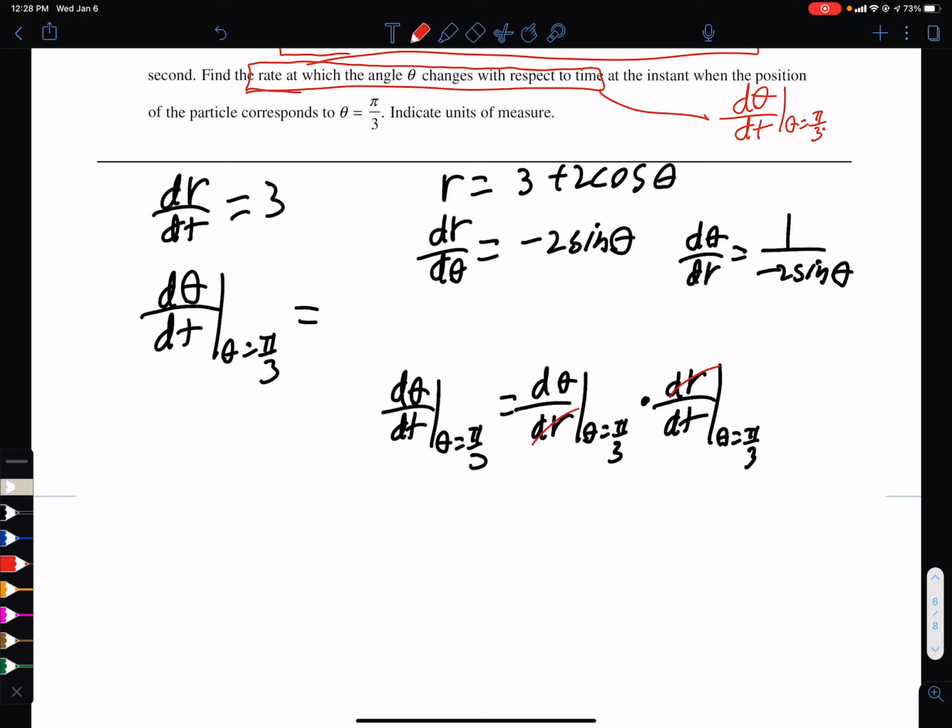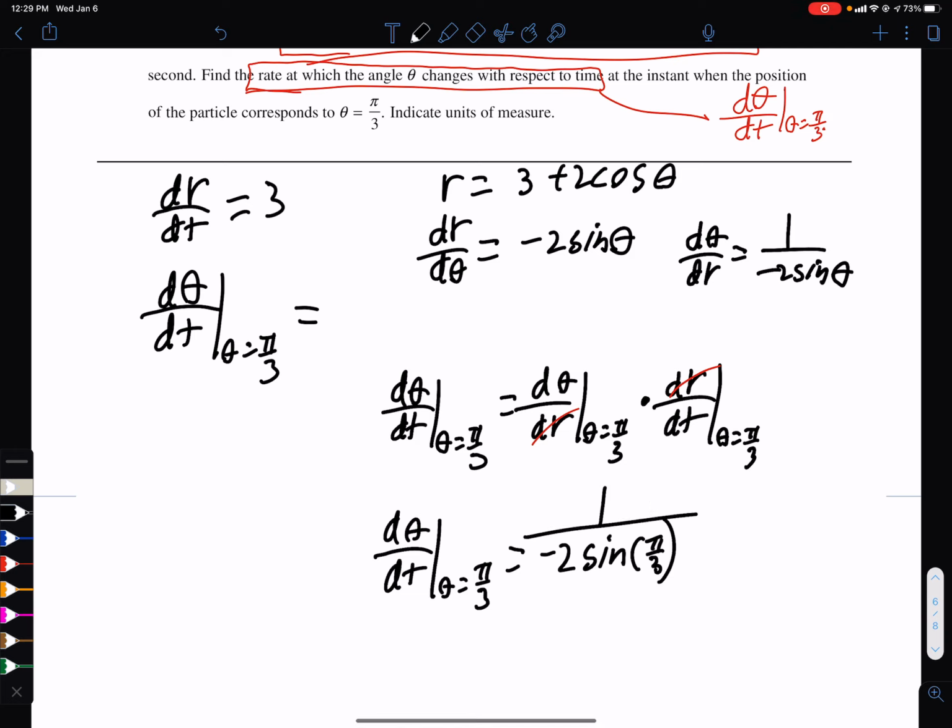These cancel out, right? So d theta/dt at theta is pi over 3. I can do that. So d theta/dr, that's right here. That's going to be negative 2 sine pi over 3. Oh, it's 1 over that, sorry. 1 over that.